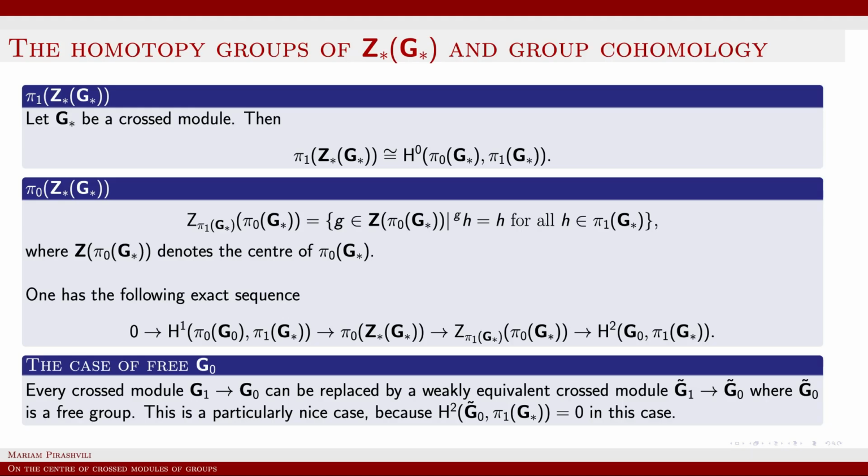However, when G0 is free, then this gets split off, and life is good. And demanding that G0 be free is not that big of a restriction, because we can replace crossed modules by a weakly equivalent crossed module where G0 tilde is in fact the group.